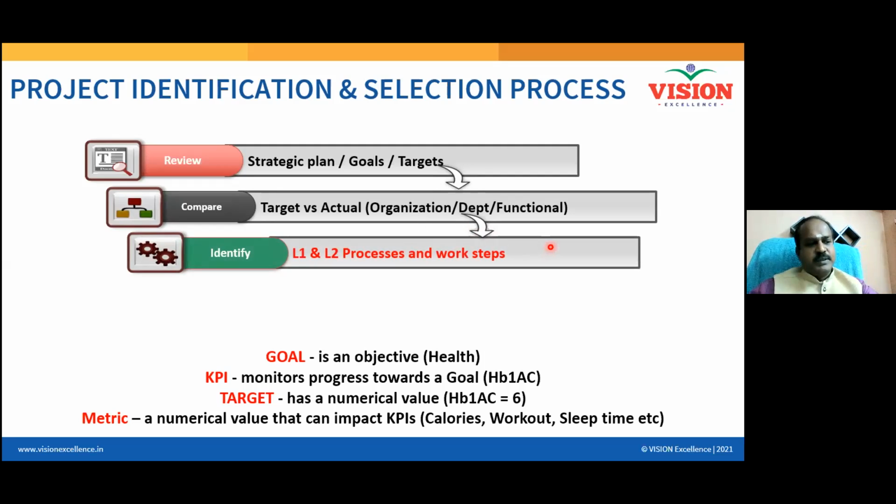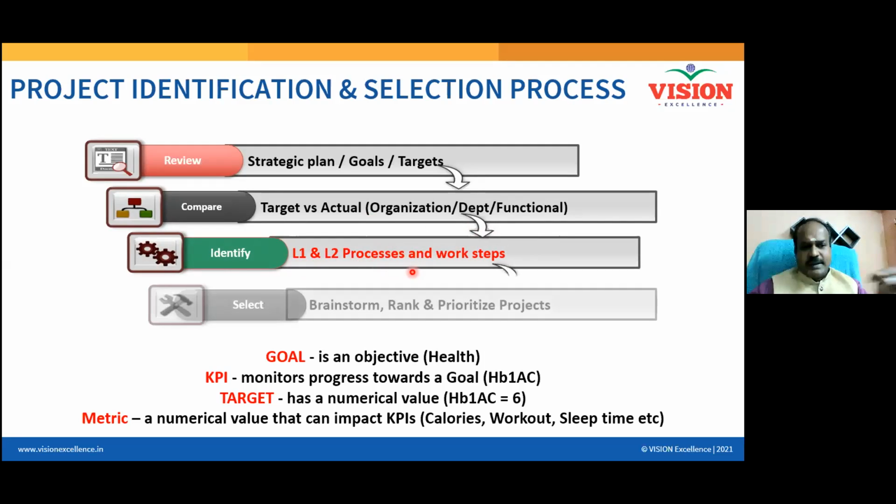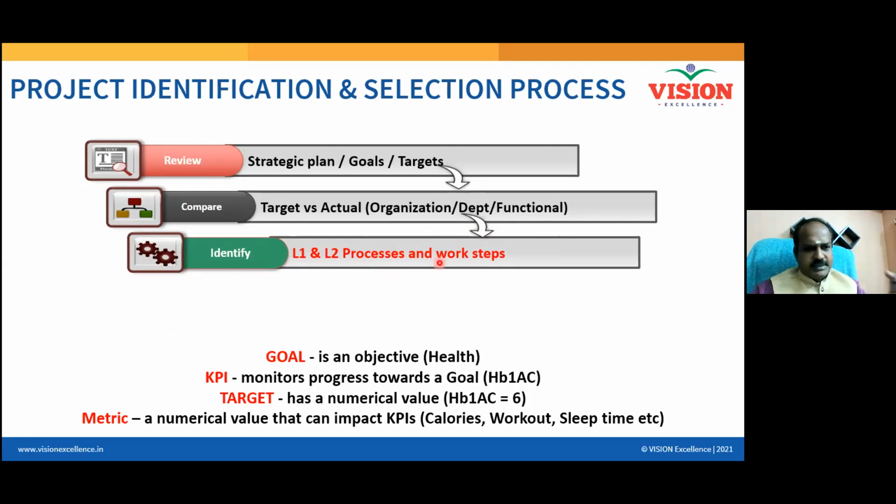We need to improve our productivity. There is a gap here. Which particular process is not capable enough? So you identify the L1, L2 process as well as the work steps, as we discussed. Once you understand that a particular process is responsible for the gap in performance, that is an opportunity for improvement.